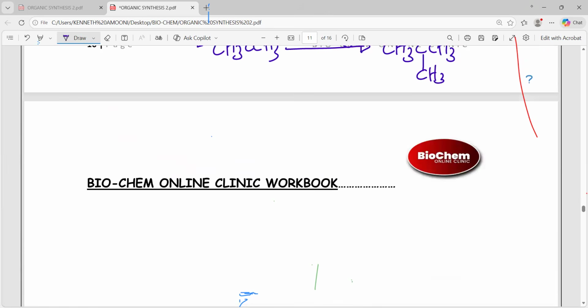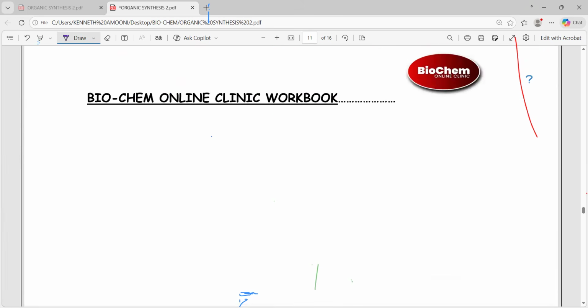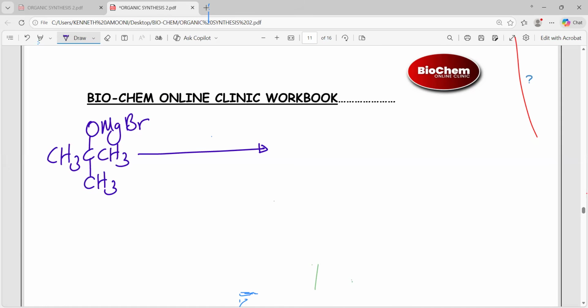We are going to hydrolyze it. So from this CH3, CO, MgBr, CH3, we are going to hydrolyze that using aqueous ammonium chloride. Then you will form a tertiary alcohol.